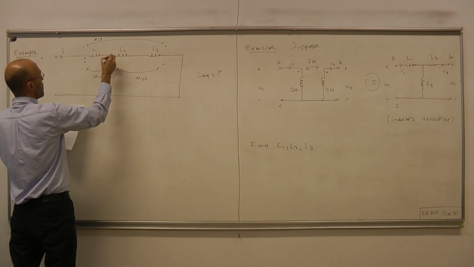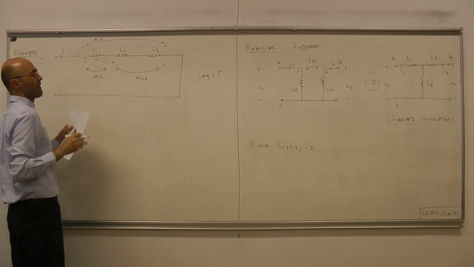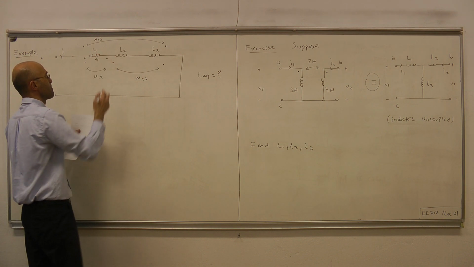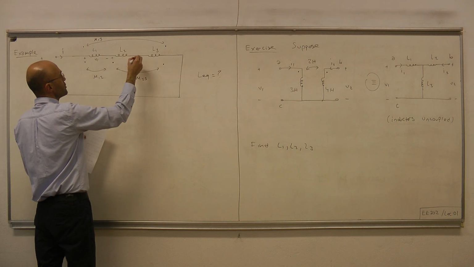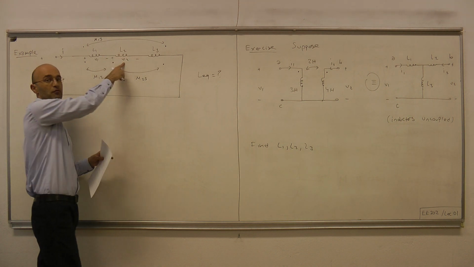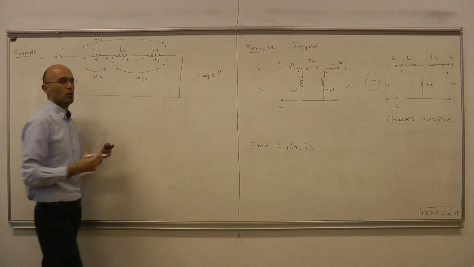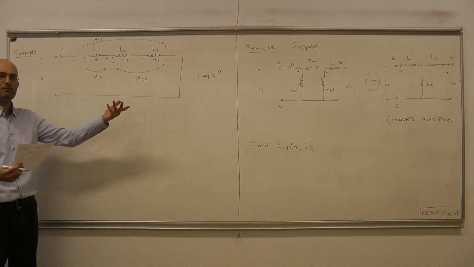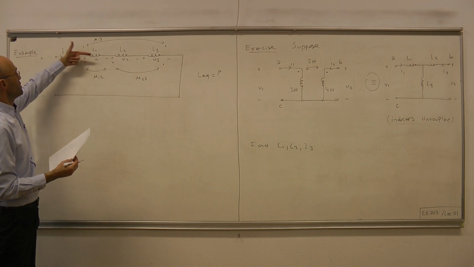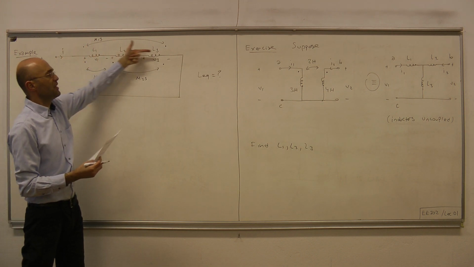So let's call this voltage V1. Let's call this voltage V2, voltage of the second coil. And finally, let's call this voltage V3, voltage of the third coil. And by passive sign convention, this is I1, this is I2, and this is I3.